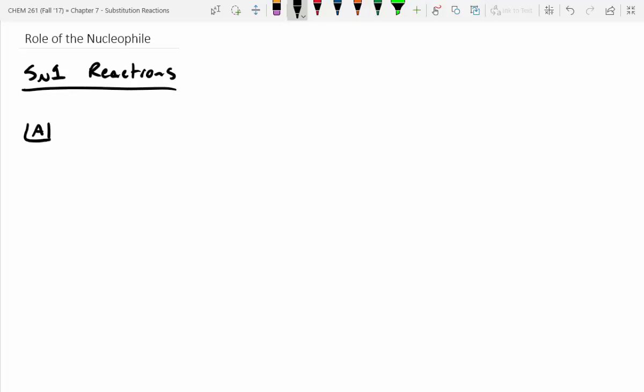So I'm going to do 2 reactions and label them as A and B. Okay, for reaction A, I'm going to just have some generic leaving group. And I'm going to have hydrogen sulfide as my nucleophile. Okay, if it's SN1, what's the first step?